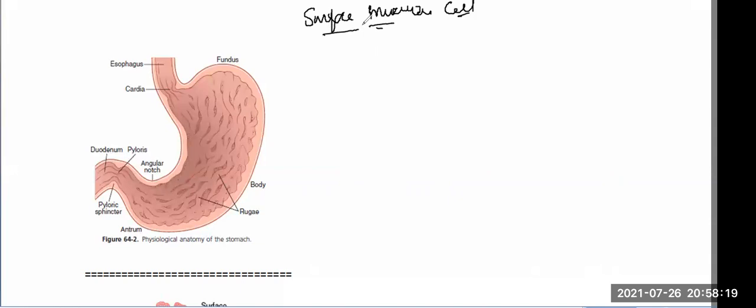Between the glands that we've talked about, we have a continuous layer of special types of mucous cells called simply surface mucous cells. They protect the stomach wall from acid. Like we discussed before, they act as a barrier between your stomach wall mucosa and hydrochloric acid. So they protect the stomach wall from acid and lubricate food.